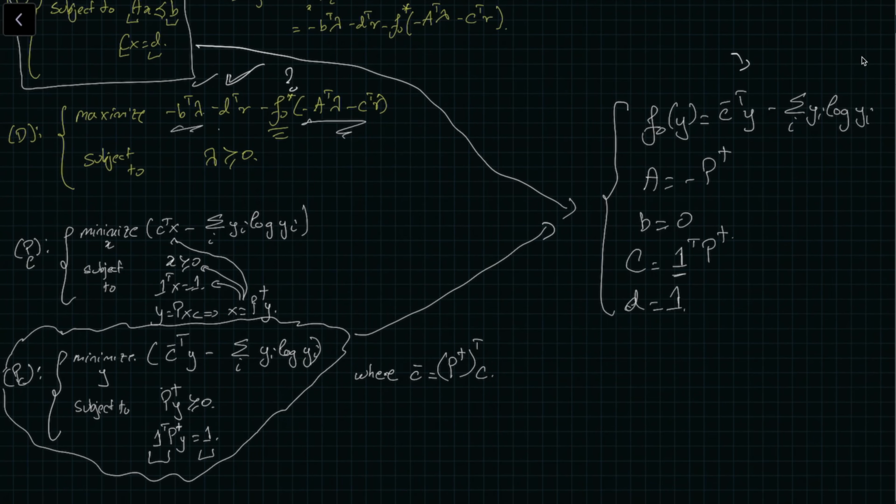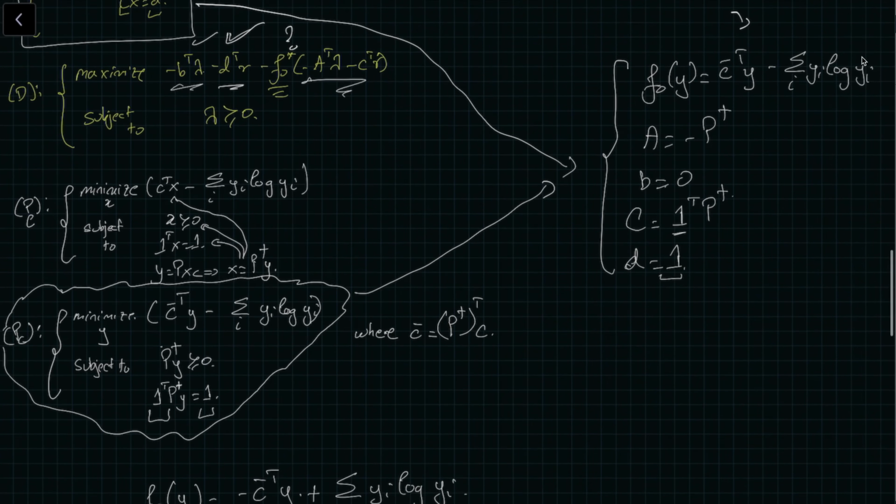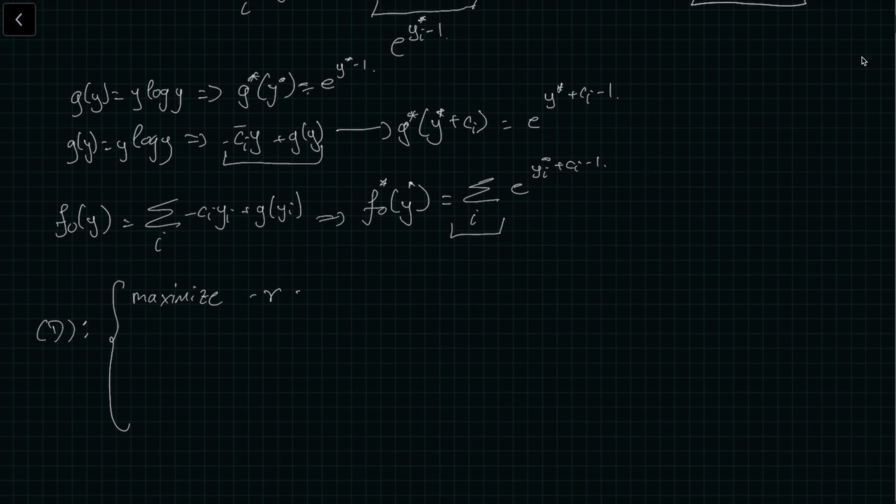And we have a minus d transpose nu, where d is a scalar 1, so I get only minus nu. So minus nu. Then I've got the minus conjugate function of this composition, right? So I get a minus sum of exponentials because of this term right here.